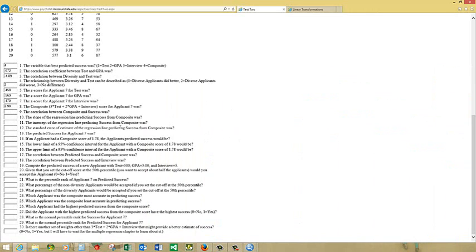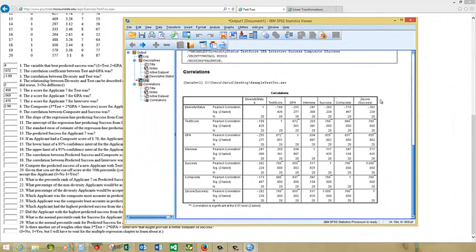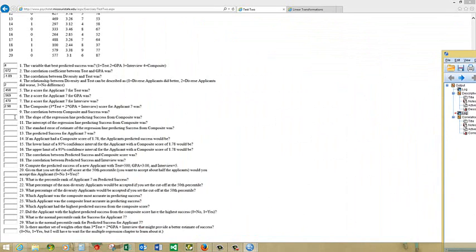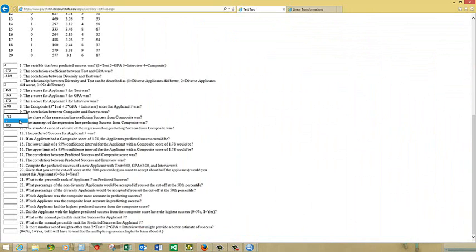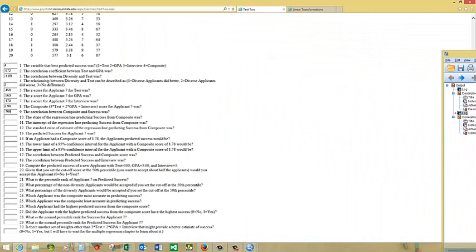The correlation between composite and success. Okay, back here. Okay, composite and success. We already saw that was 0.766. The slope of the regression line, predicting success from composite.